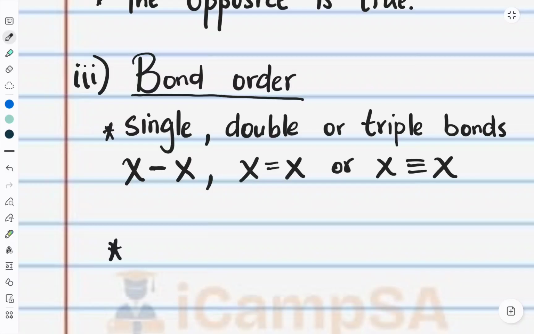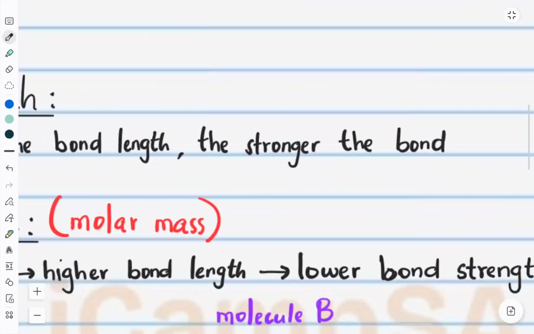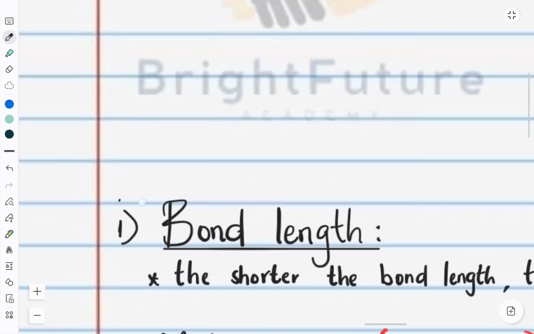So it's either atom A to B separated by a single bond, or separated by a double bond, or A to B separated by three lines, which is representative of a triple bond. And how does it affect the bond strength?